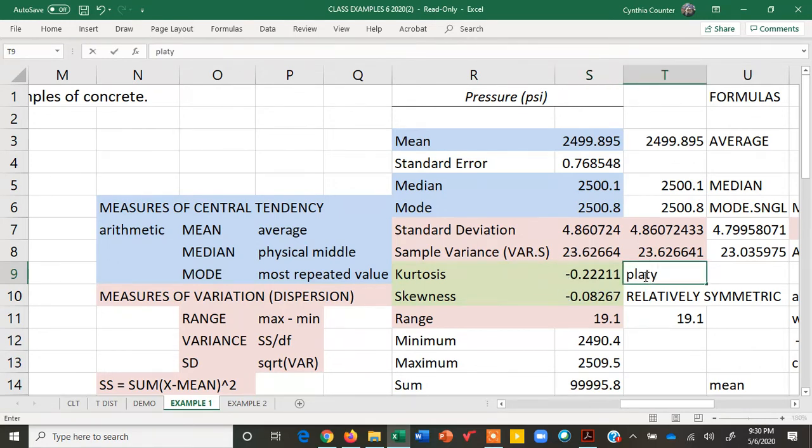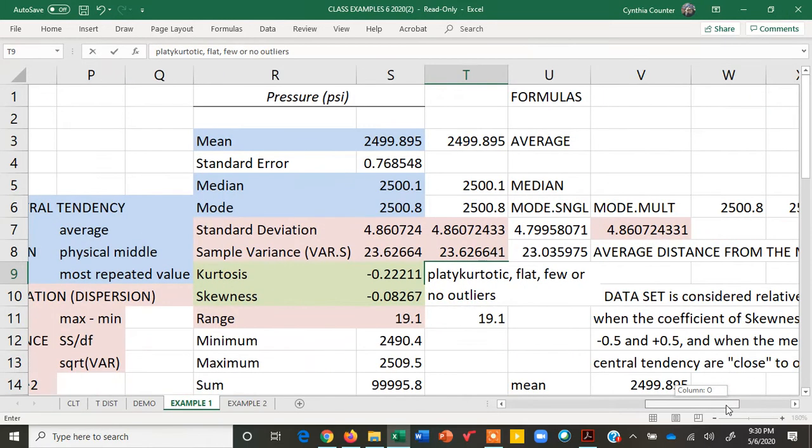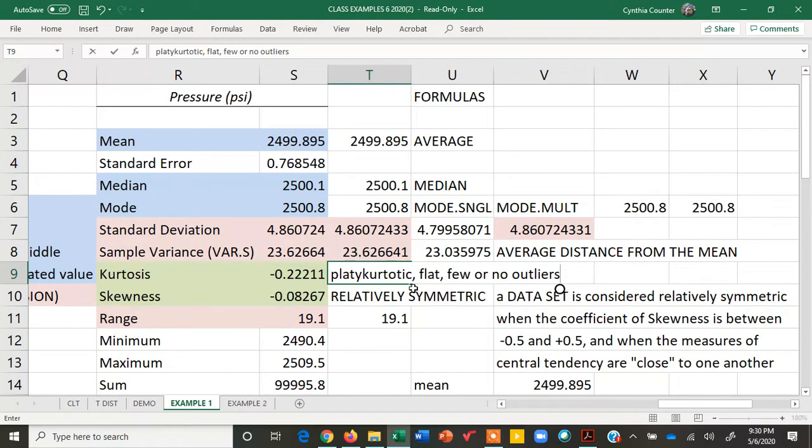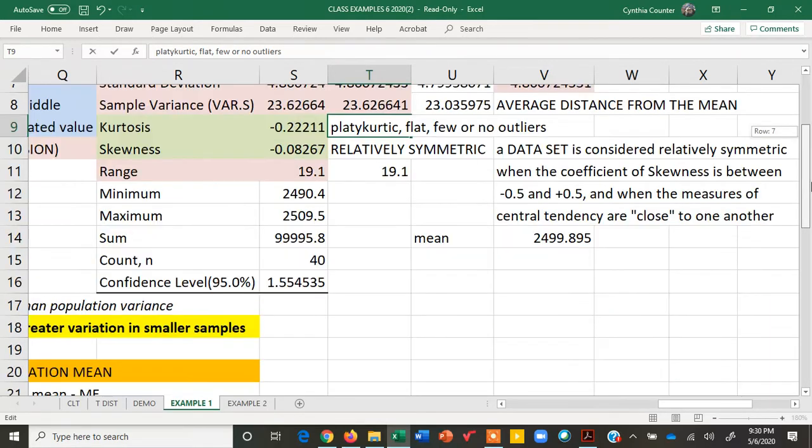So this is platykurtic, because it's flat and you will have basically few or no outliers on this one. So platykurtic is a flat distribution, few or no outliers.